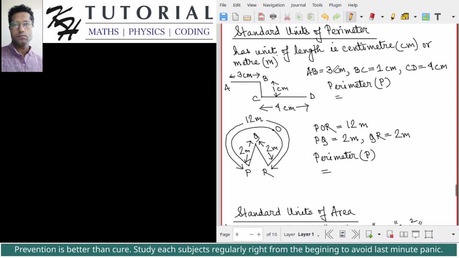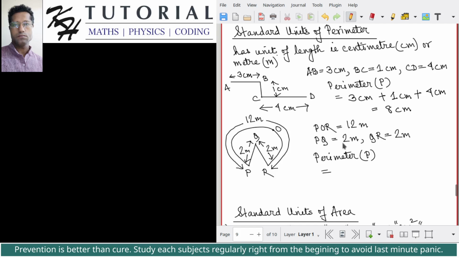So the perimeter will be the sum of the line segments AB, BC and CD: 3 centimeter, the length of AB, plus 1 centimeter, the length of BC, plus 4 centimeter, the length of CD. This is equal to 8 centimeter. So the perimeter of this figure is 8 centimeter.